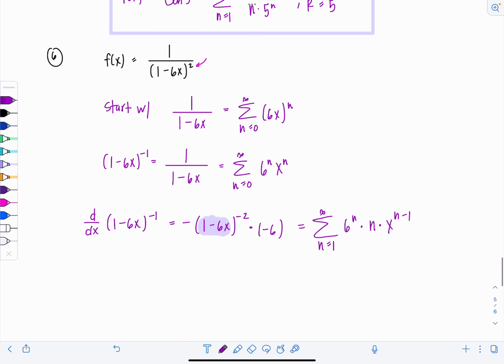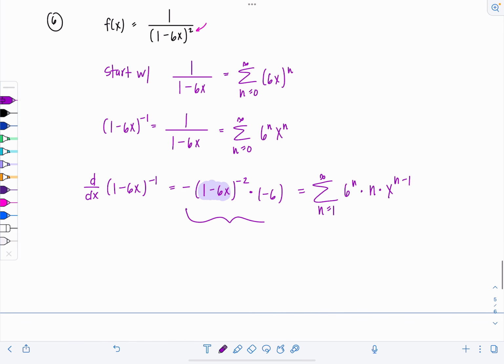Okay. So let's see, what is this? If I clean it up, it's positive 6 over 1 minus 6x squared. This is the sum, n equals 1 to infinity, 6 to the n, x to the n minus 1. Is that my f of x? No, not quite.